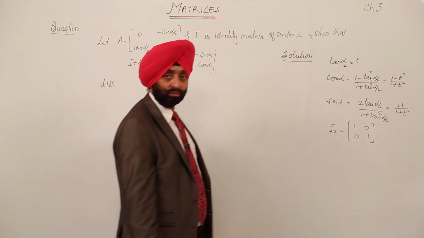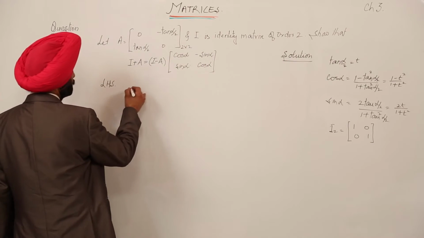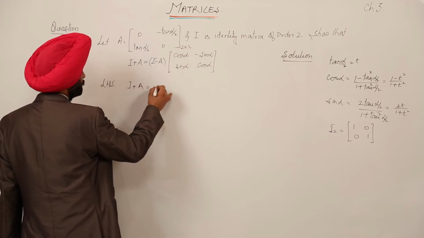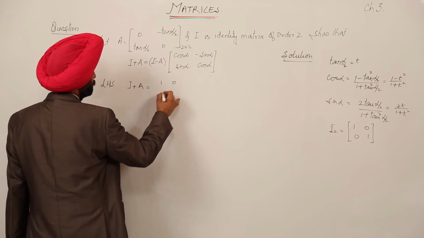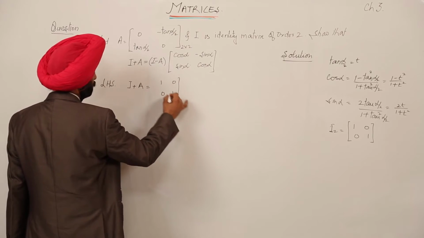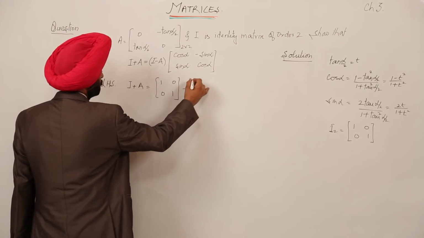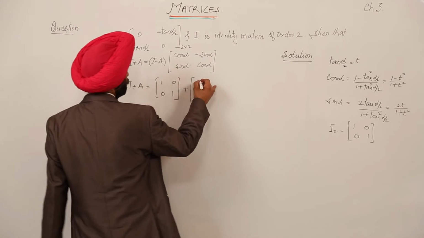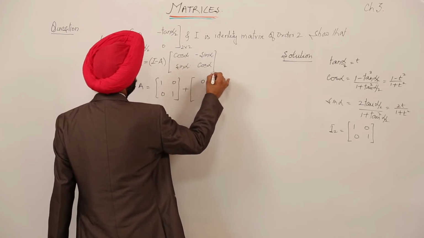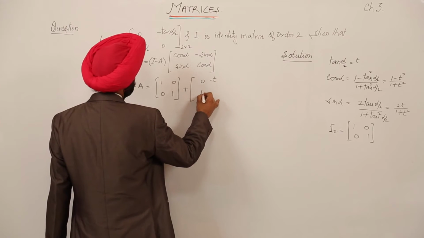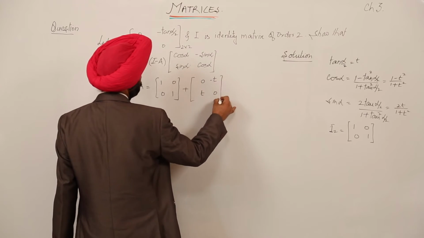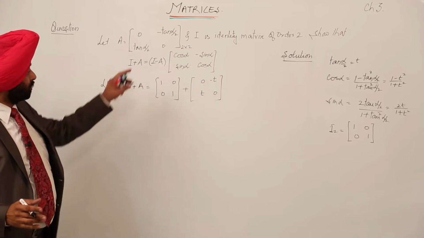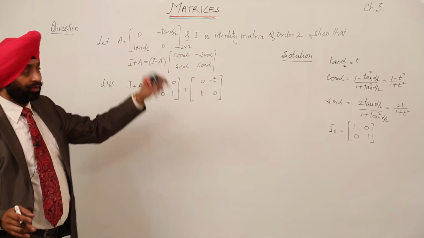So left hand side, I plus A, matrix A, is equal to 1 0 0 1 plus what is A? A is 0, t, minus t, 0. This is t, because tan alpha by 2 we have taken as t.